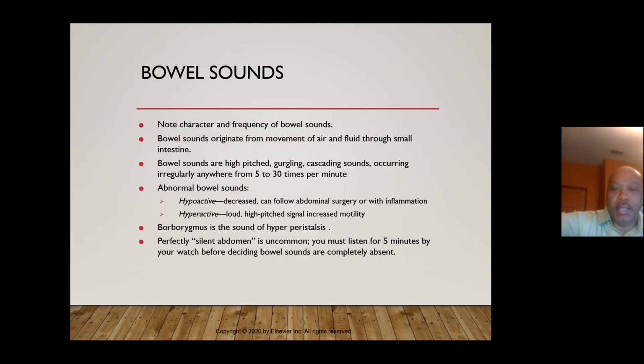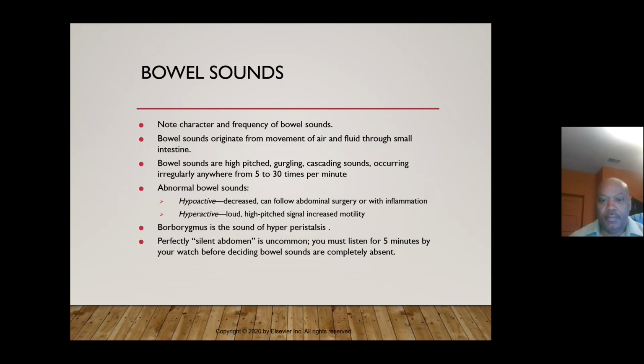There may be gurgling sounds, cascading sounds, one sound after another, and they also are irregular, which can be normal. They may be heard anywhere from 5 to 30 times per minute.